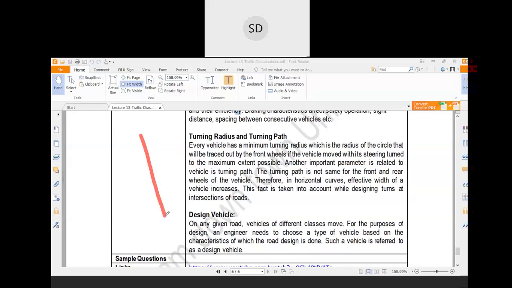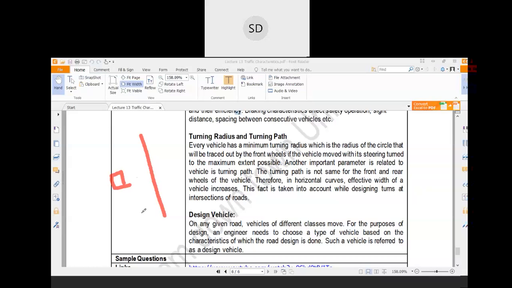Suppose you want to know the number of vehicles which cross a particular section over the road. Suppose there are 20 buses, 5 cars, 10 two-wheelers, or 5 trucks, like that.